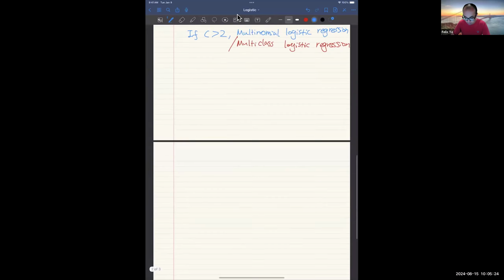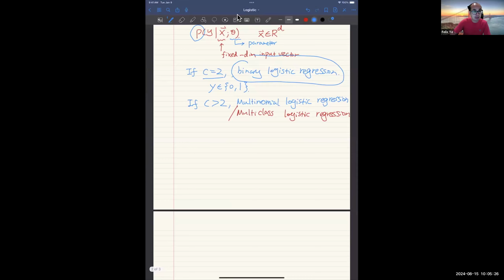For the binary case, you can think about an example where my input is the image, like pixels of an image, and my output is whether it's a cat or dog.